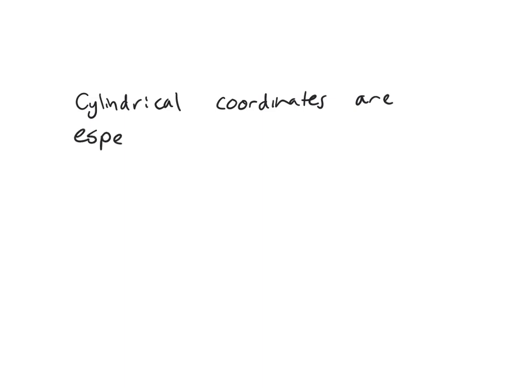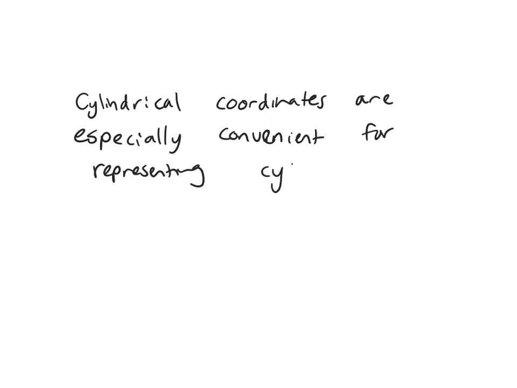So we have this cylindrical coordinate system, and why should we even care about it? What is it useful for? One thing is that cylindrical coordinates are especially convenient for representing cylinders.